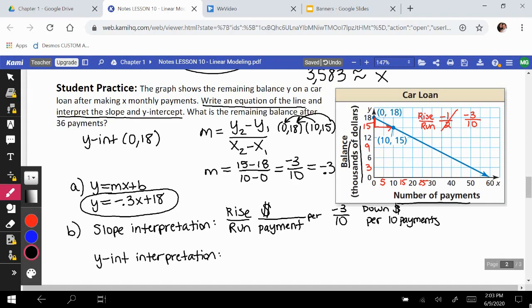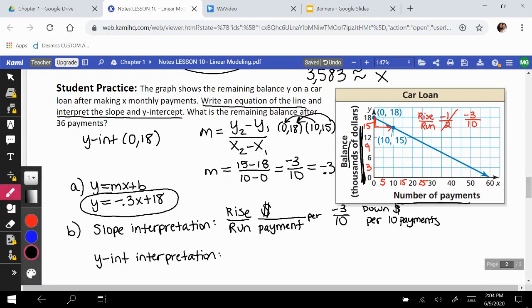The reason why this is so tricky is because notice that my y-axis here is written in thousands of dollars. So rather than just saying we're going down $3 per 10 payments, it's not just down $3. We actually have to move this decimal place over 3 times in order to get the amount of money we're going down each time.